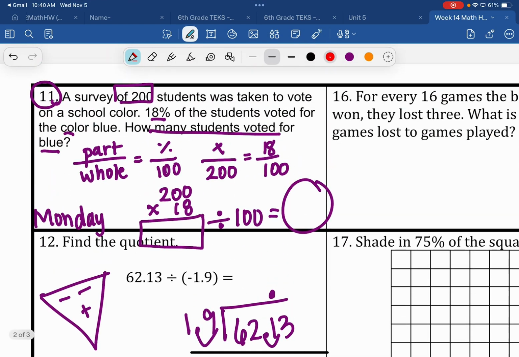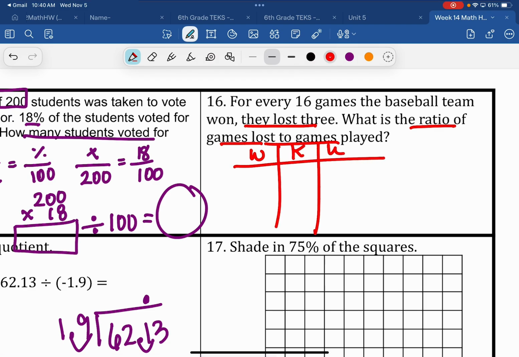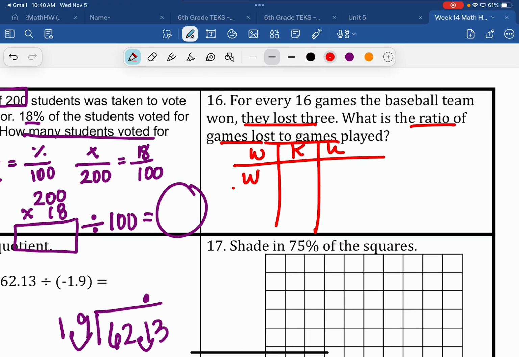Number 16. For every 16 games the baseball team won, they lost 3. What's the ratio of games lost to games played? So I have a W, K, U. For every 16 games they won, they lost 3.